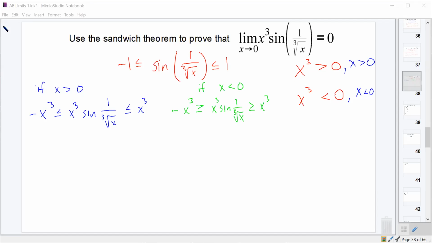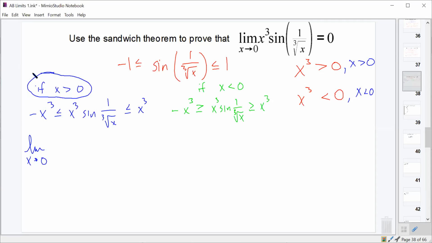Yeah, that's fine. Okay. All right, so over here, what do we want to find? We want to find the limit as x approaches 0 of negative x cubed and x cubed, right? But what's the problem with finding the limit as x approaches 0 of those? X is only positive.